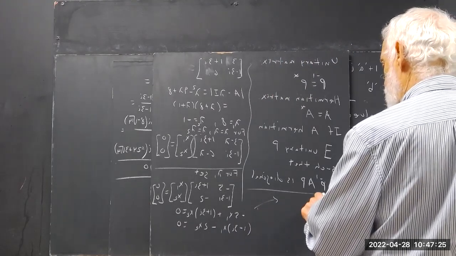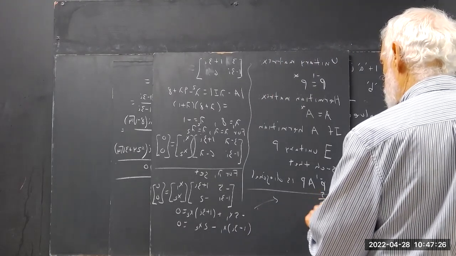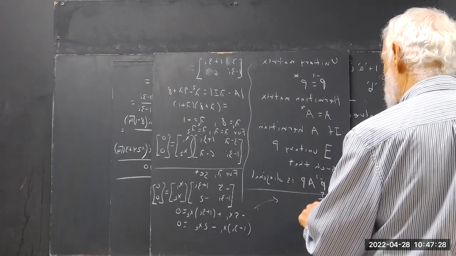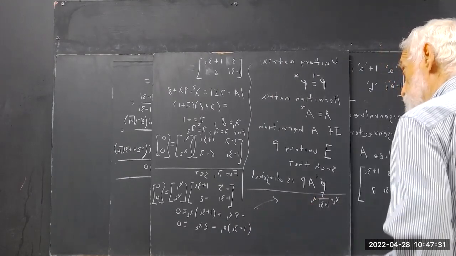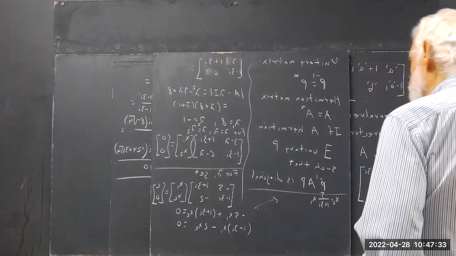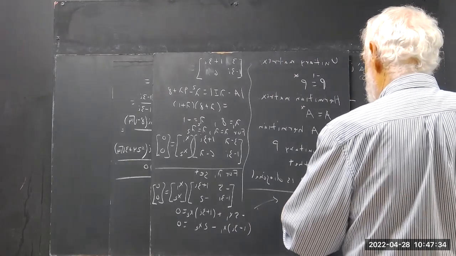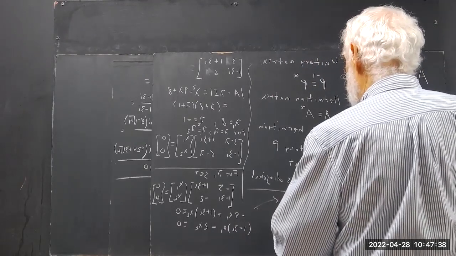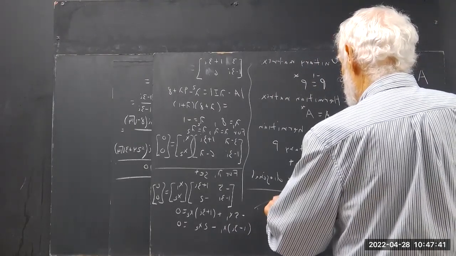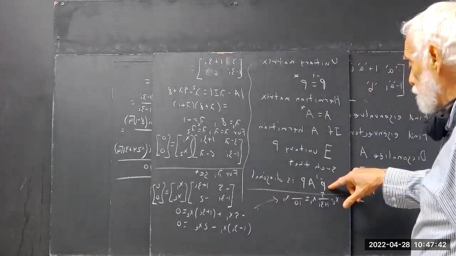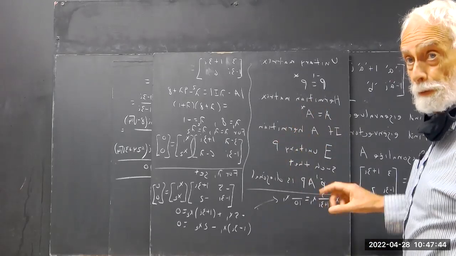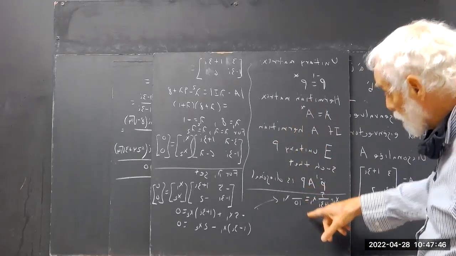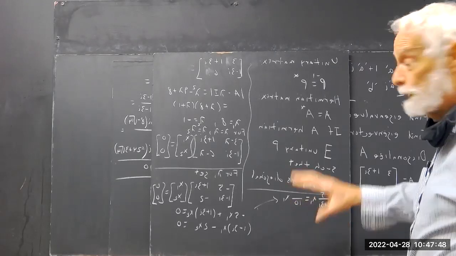x2 equals 5 over 1 plus 3i x1. And I'm going to be risky and do this in my head. I'm going to get 10 down here. And then I'm going to get 5 times 1 minus 3i, because I'm going to rationalize, multiply by 1 minus 3i over 1 minus 3i.